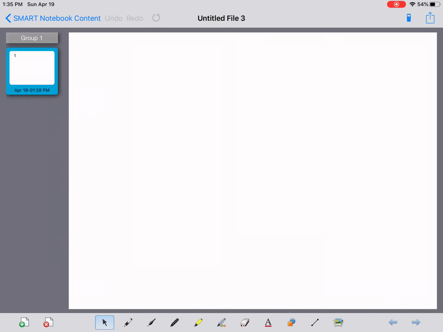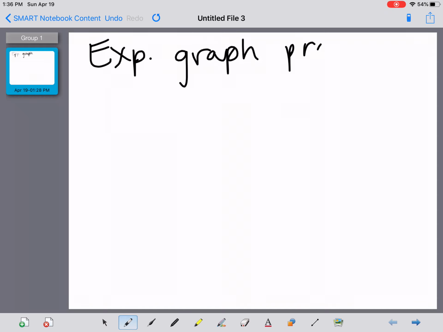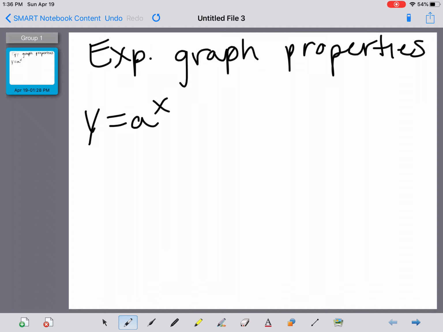We'll come back to it, but just a couple of properties about the exponential graph. If we use just y equals a to the x, and we have our little graph here, roughly it's going this way.